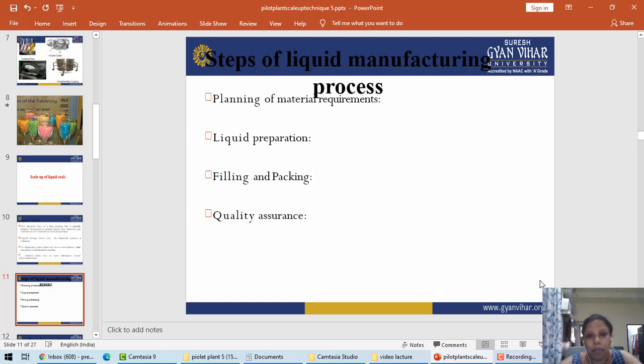First is planning of material requirements, second is liquid preparation, third is filling and packaging, and next is quality assurance. So there are four steps.